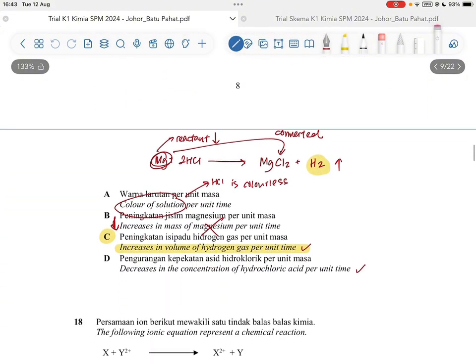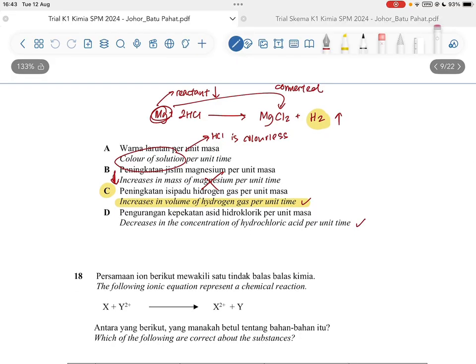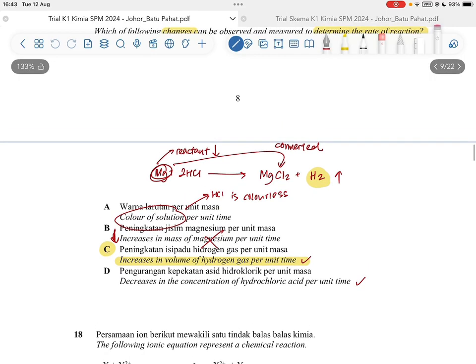So let's look at the options given. A is the color of the solution per unit time. What does it mean? Does the solution become colorless or more colorful? This one is not applicable because HCl is actually colorless. B is increase in mass of the magnesium per unit time.